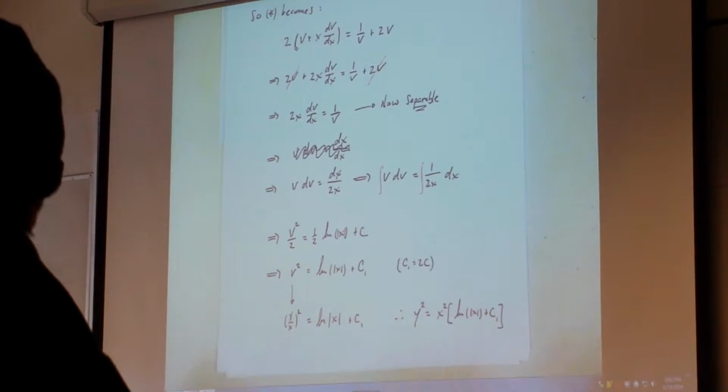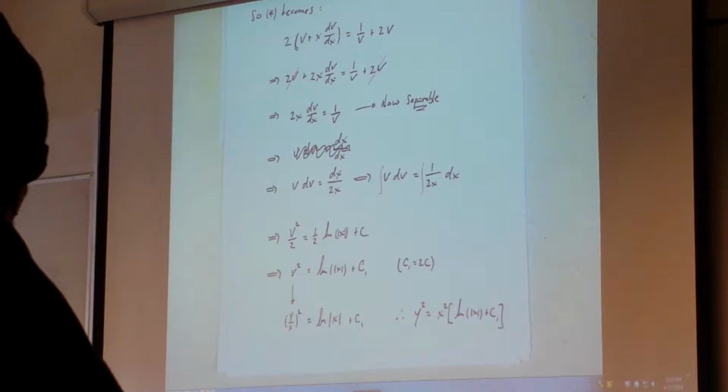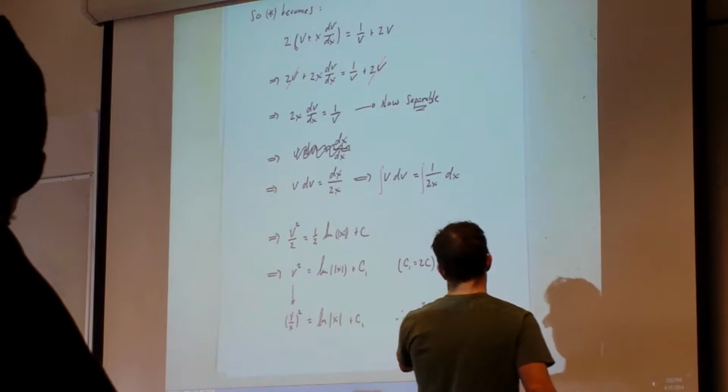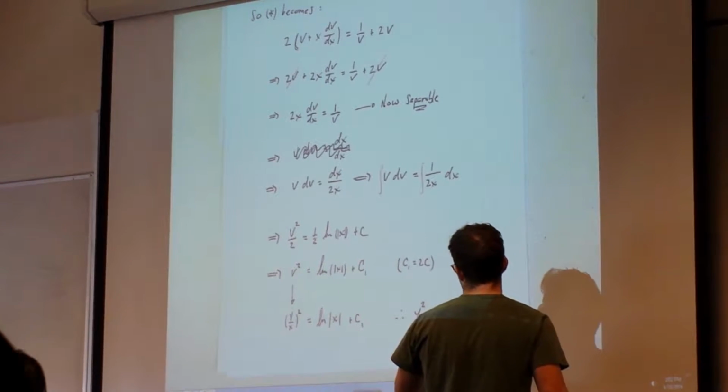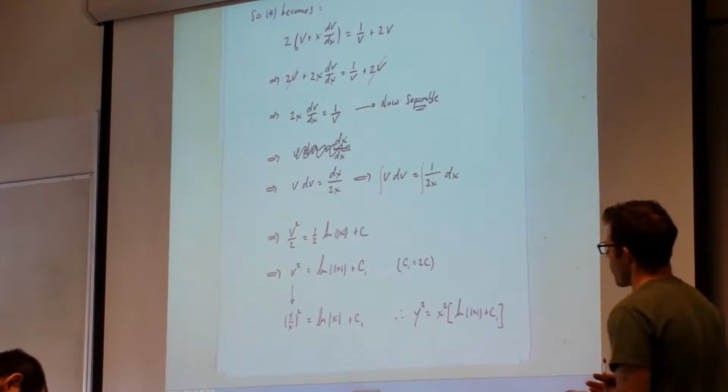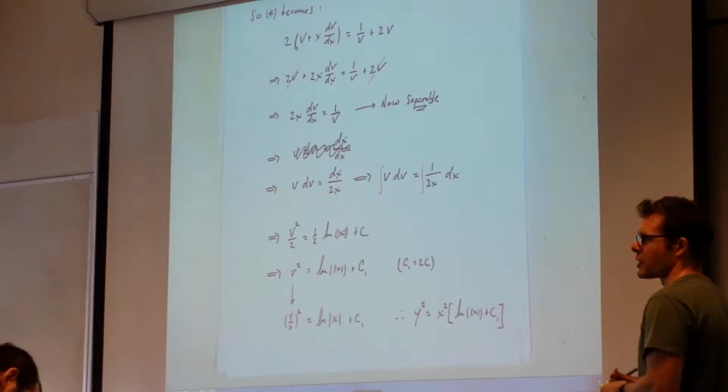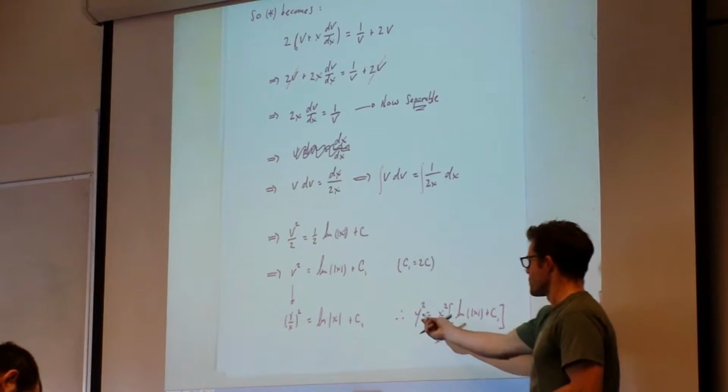So this is in implicit form. We could leave it here in implicit form because we don't know if this represents the top half and bottom half of a curve, and the one that we want would be specified if I knew an initial condition, if y were positive or negative.